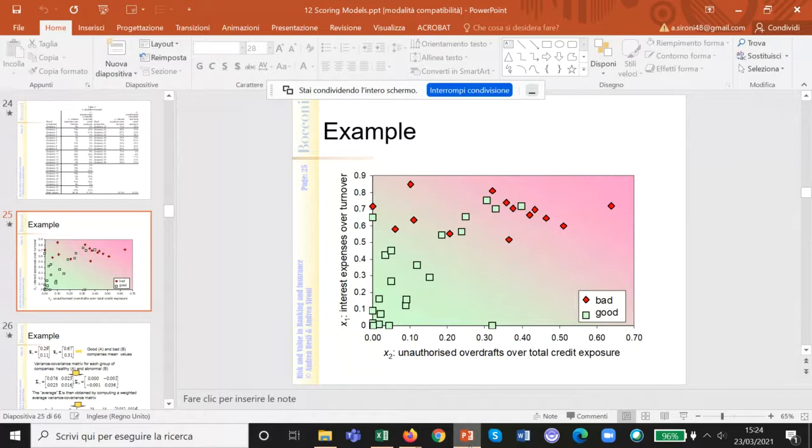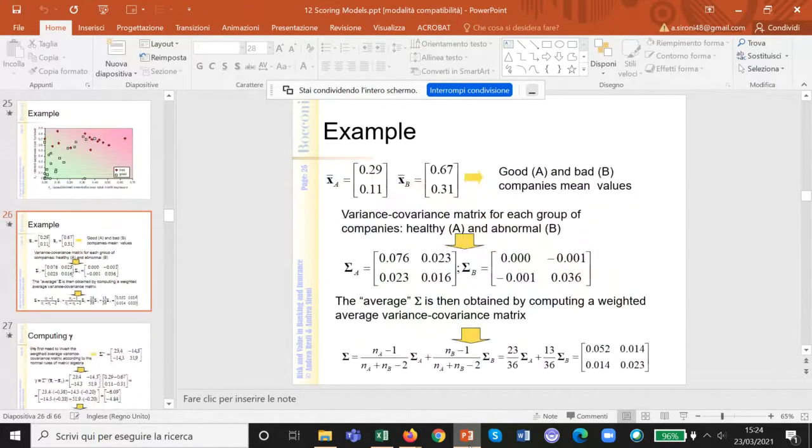Here are the values for all these companies of the two ratios represented graphically, okay? Now, what we do, we compute the two vectors of the variables for the good companies and the bad companies, okay? So these are the mean values, exactly the ones that I just mentioned, okay?